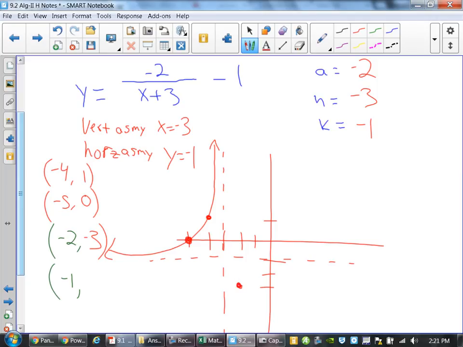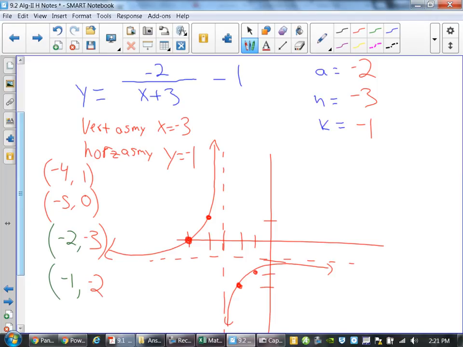I do the same thing with -1. -1 plus 3. 2. I know it's tough. It's been a long day. -2 divided by 2 is -1. -1 minus 1 is -2. And I have 2 points. You'll notice it's moving this direction.